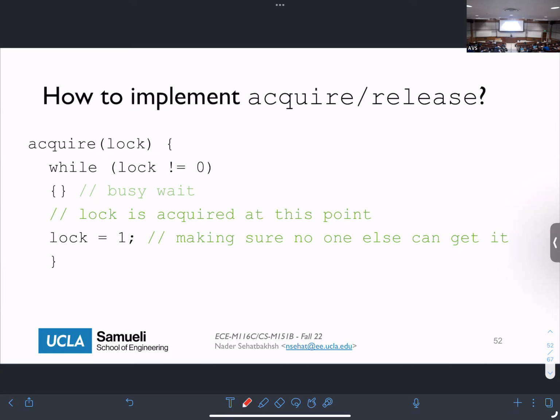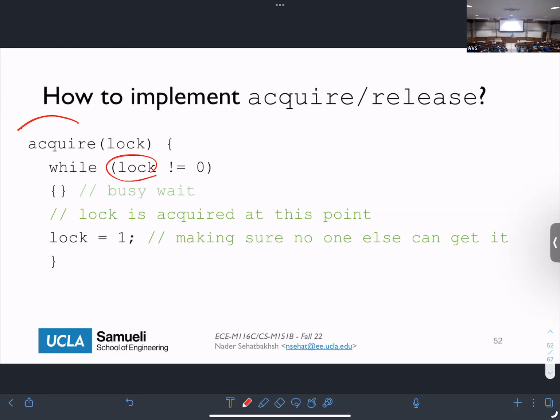The acquire function is basically just checking the lock. If lock is equal to 0, it means that nobody has taken it, so the lock is free. And if lock is equal to 1, it means that somebody else has it. So acquiring the lock means that I'm busy waiting while lock is equal to 1.